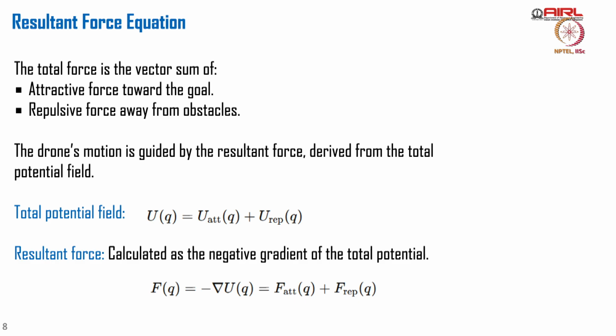The resultant force is calculated as the negative gradient of the total potential. When you take the negative gradient of total potential, the resultant force is nothing but the sum of attractive force and repulsive force. F of q, the resultant force acting on the drone at position q, is equal to F attractive at position q plus F repulsive at position q.